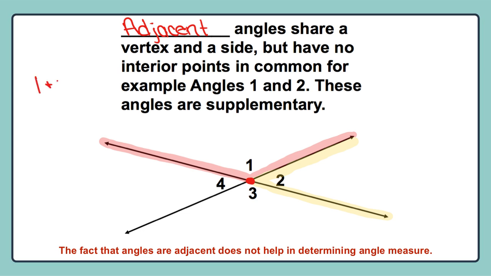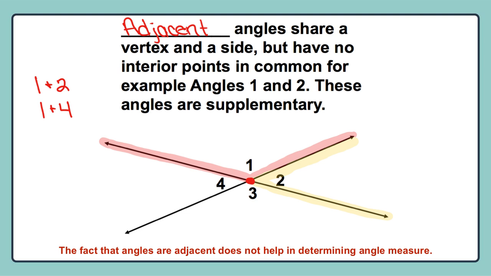If 1 and 2 are adjacent, tell me another pair of angles that are also adjacent. Mary Liddy? 1 and 4. 1 and 4 are adjacent. Any other pairs of adjacent angles?